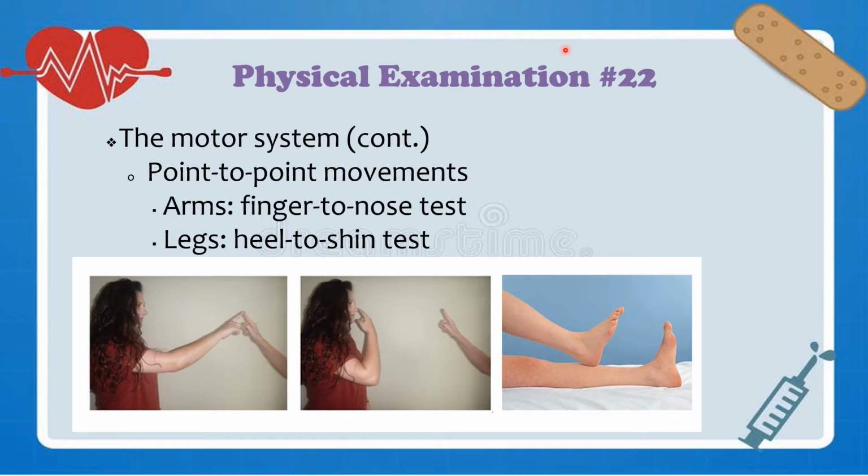For the legs, in the heel to shin test, you can ask the patient to place one heel on the opposite knee and then run it down the shin to the big toe. Observe the smoothness and accuracy of the movements. Repeat with the patient's eyes closed to test for position sense, and then repeat on the other side.